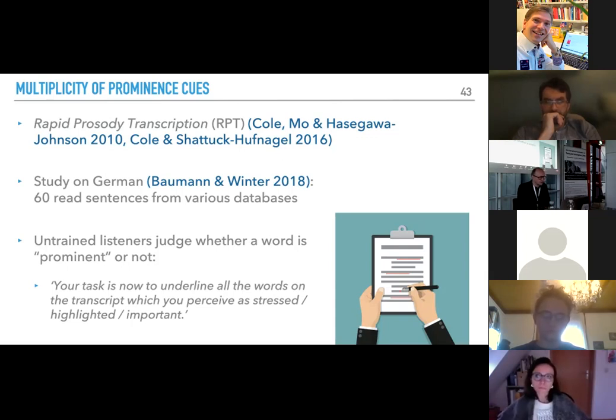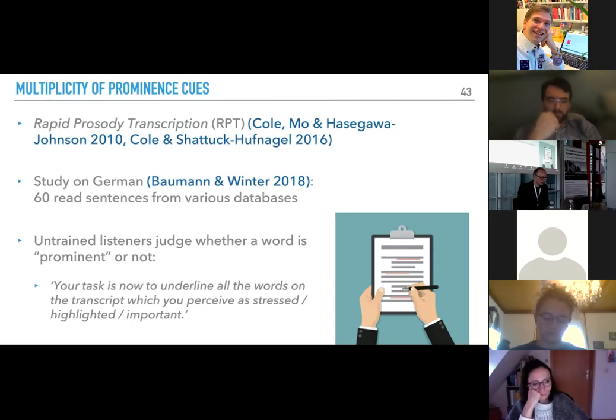And in our study, 28 untrained listeners were asked to underline the words they perceived as prominent in a set of 60 read German sentences, which were taken from various databases with different focus structures, information status categories, and also different pitch accent types, which were based on a consensus transcription by experts.